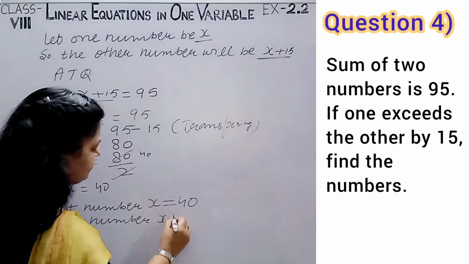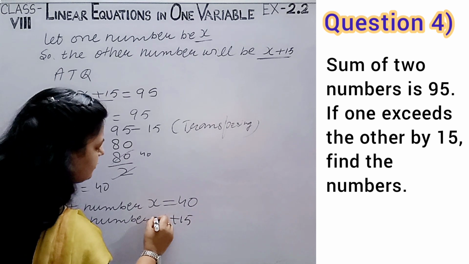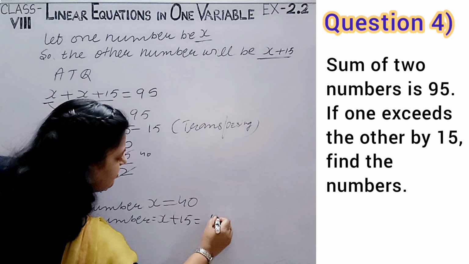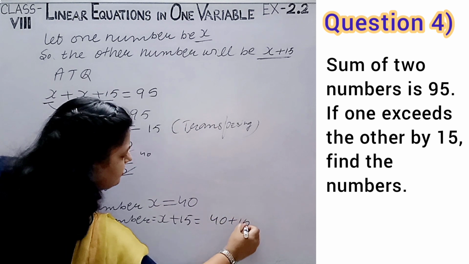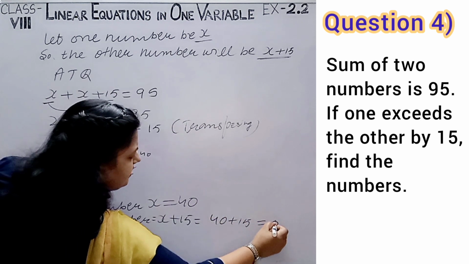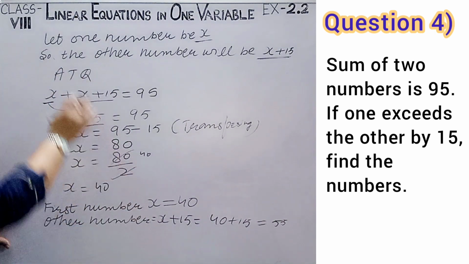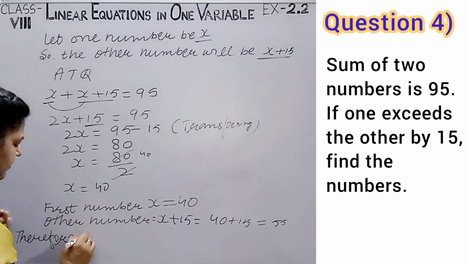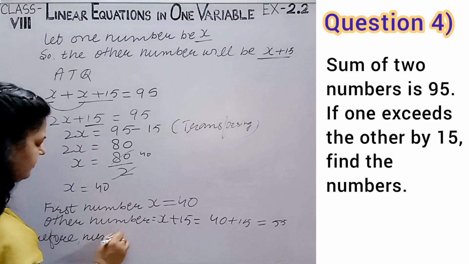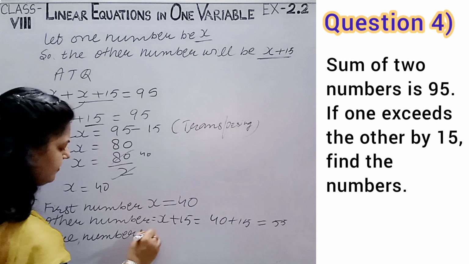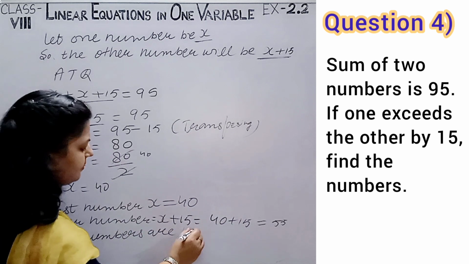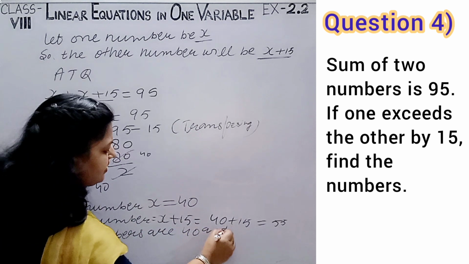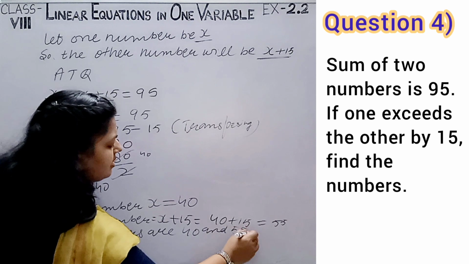So x plus 15, it means x is 40 plus 15, 55. Therefore both numbers are 40 and 55. Answer.